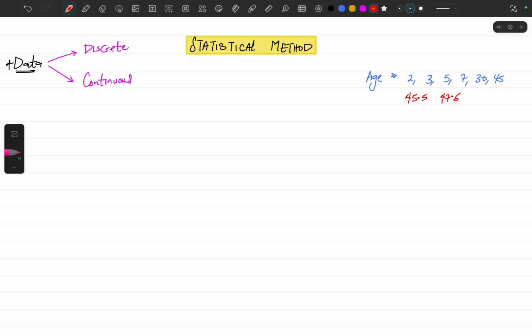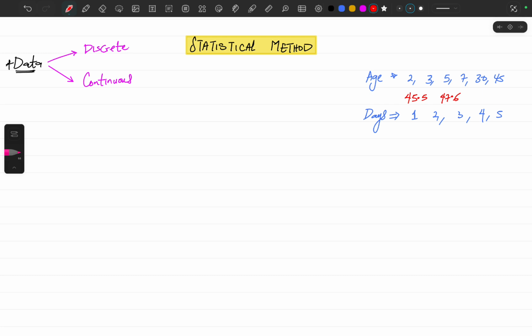Another thing is number of days. A day is also a discrete data. It could be 1 day, 2 days, 3 days, 4, 5, and so on. Days could be all of those numbers. But days cannot be 1.5 days.